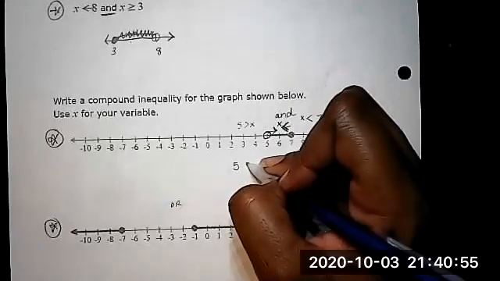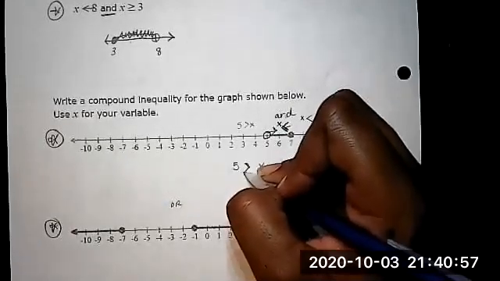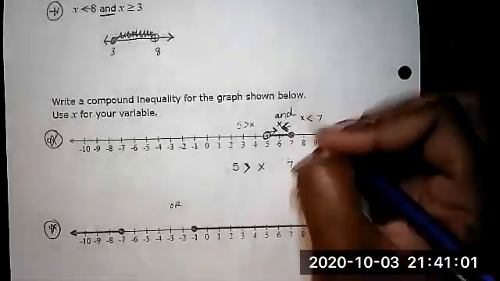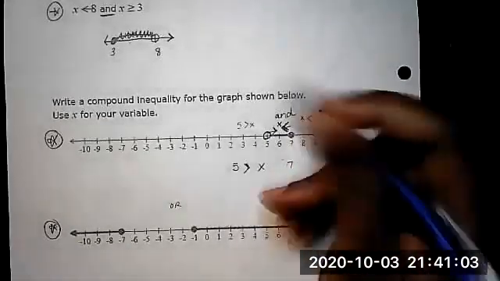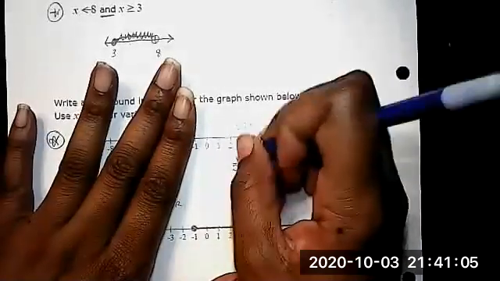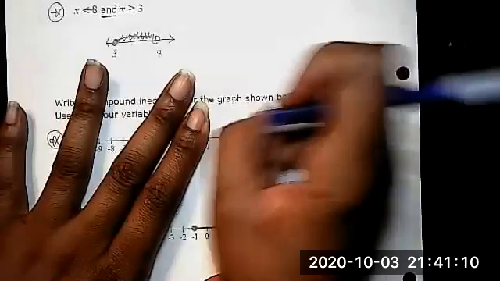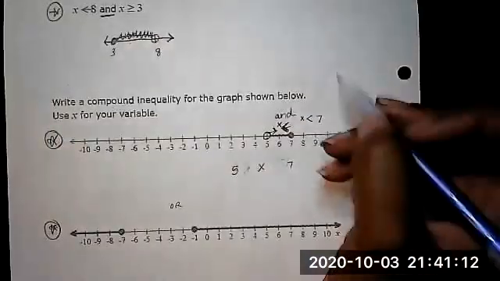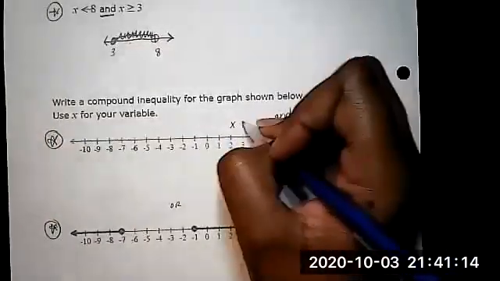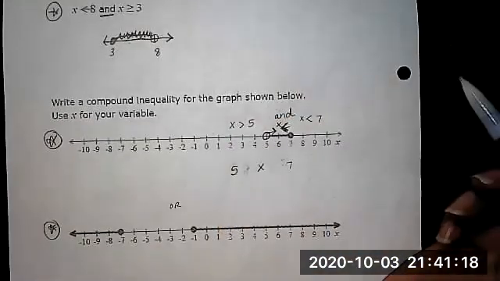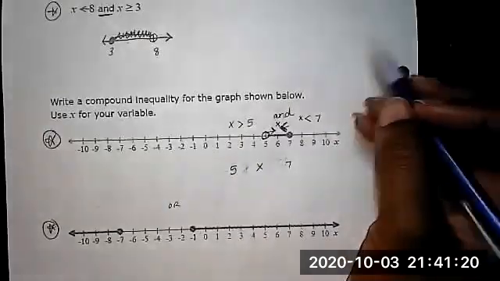So how am I going to put that? I'll put my 5 is greater than, so x is greater than, and then here I would put my, no, that's not correct. All right, so your x value here is greater than 5, I apologize.